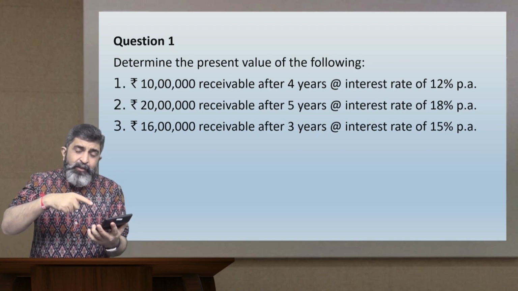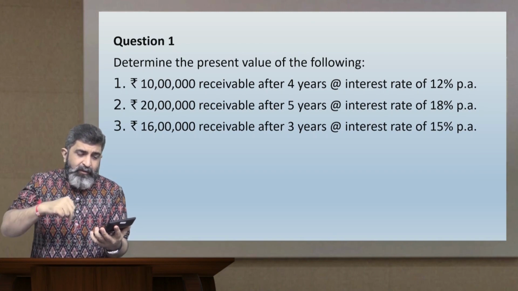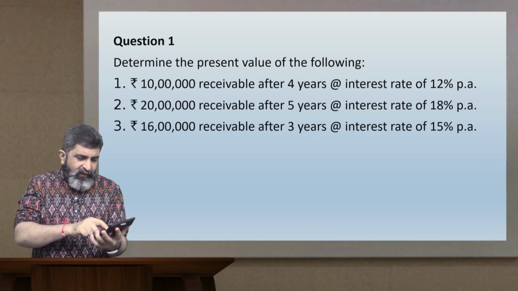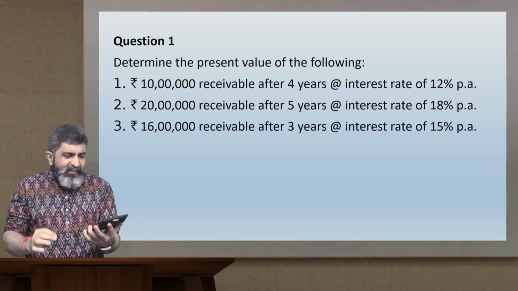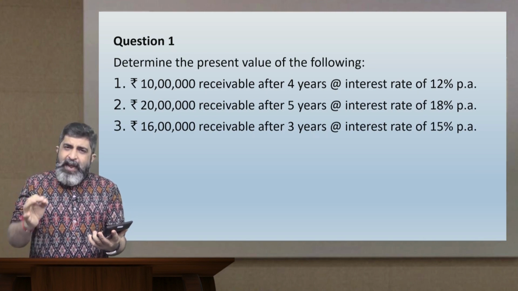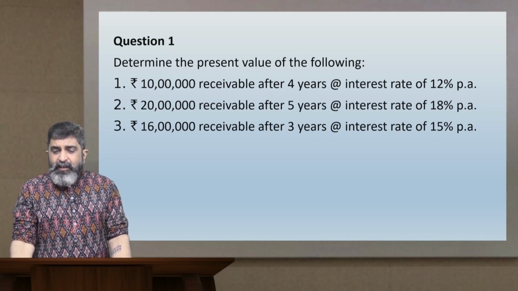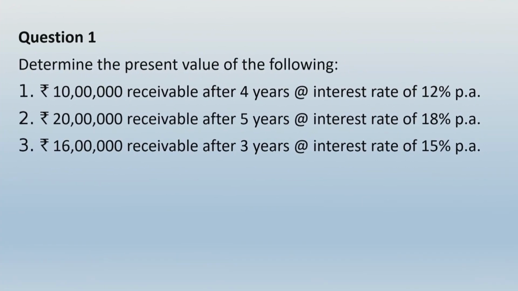This is the present value factor, and the amount that I am going to receive is rupees 10 lakhs. 10 lakhs multiplied to this factor, the present value of that 10 lakhs will come to 6,35,518.